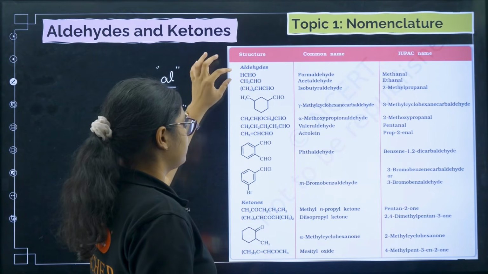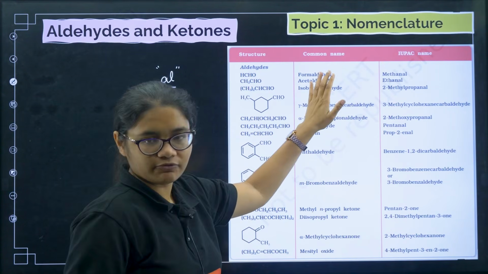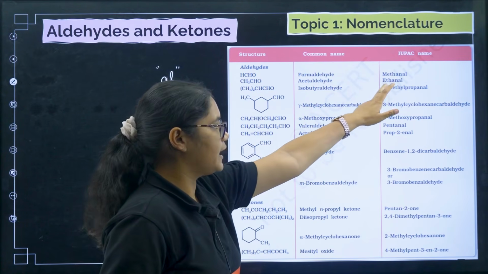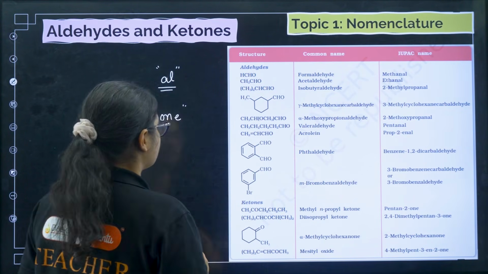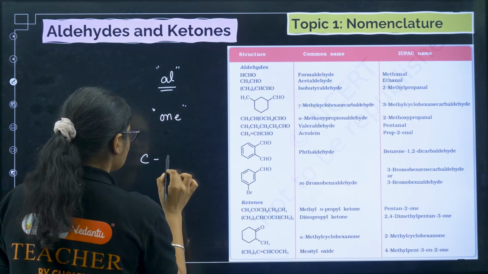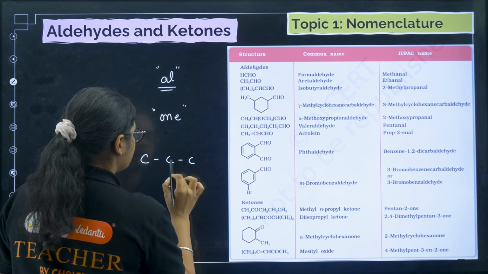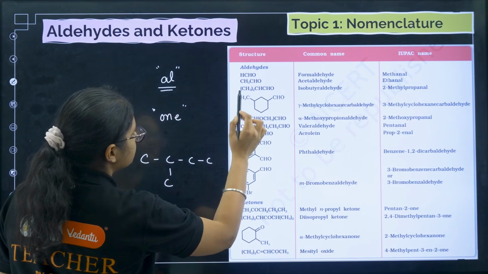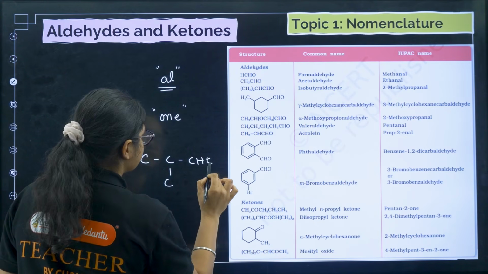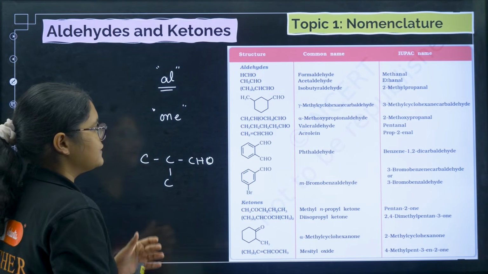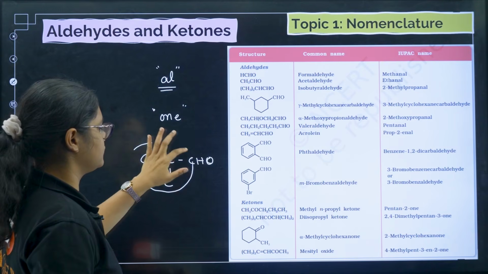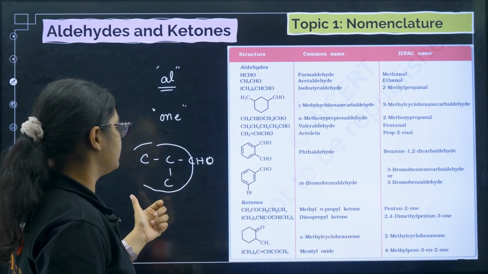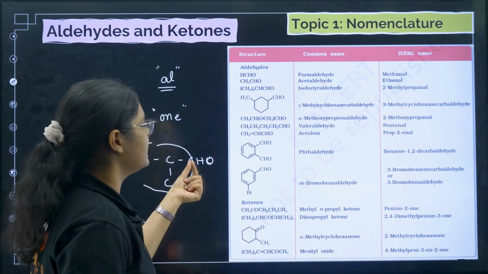Coming to the first one, if there is 1 carbon, we call it formaldehyde or methanal, 2 carbons acetaldehyde or ethanal. Now if you have this structure, 1 2 3 and then 1 2 3 4, with CHO, this is isobutyraldehyde.